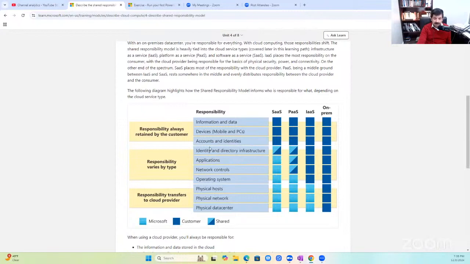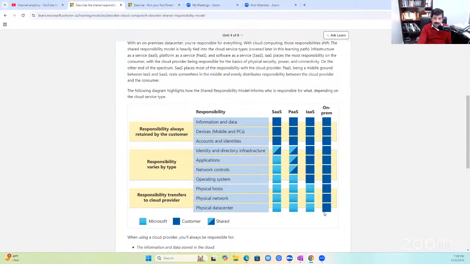You need accounts for your employees and customers, and you need identities for them. Then you need to provide devices to your employees so that they can use applications over the internet, which may be using servers and the data centers. And then you have the data. So on premises, all the responsibility is with you.